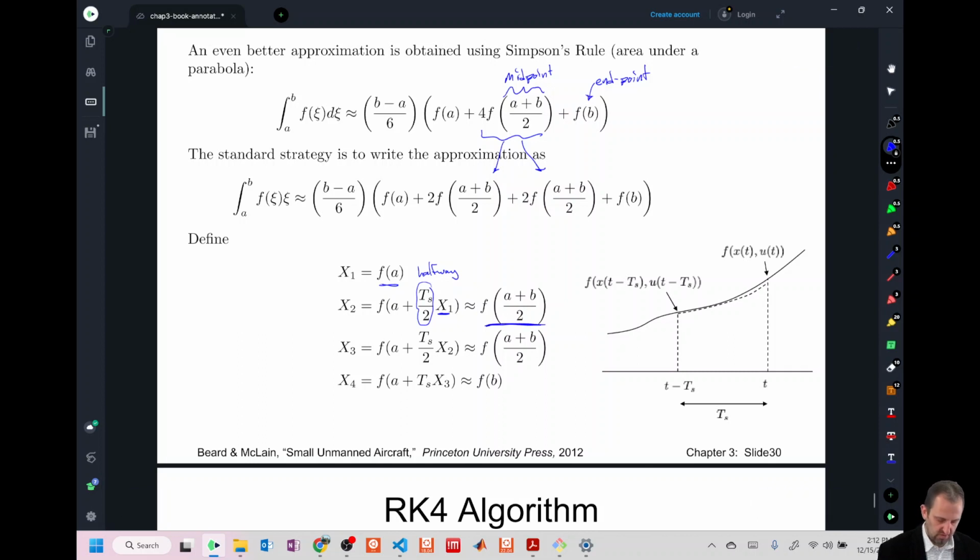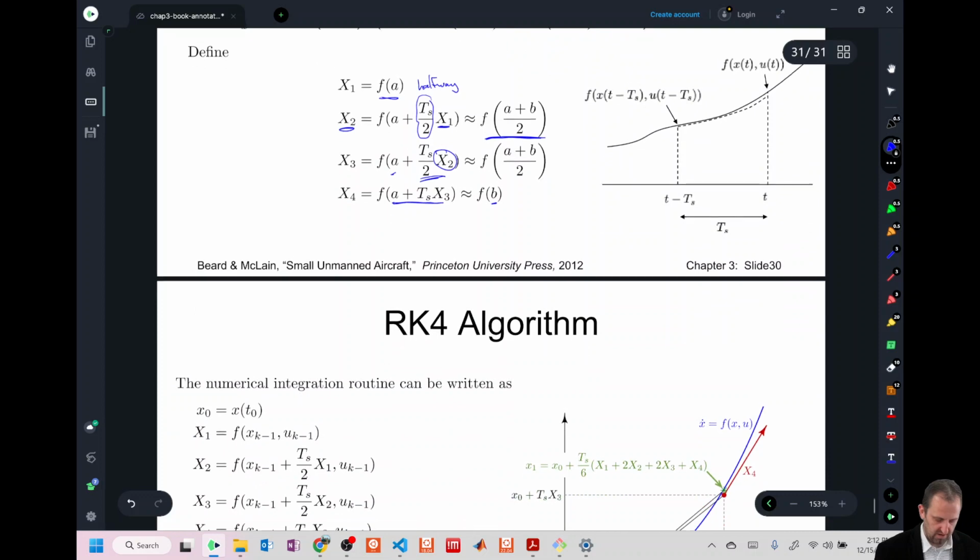And then we'll do f of a plus, and now we're going to go another halfway. We're using our approximation for our state from x2, this big x2, and then we go the full way to get our approximation for the final point. So we use these two approximations for our halfway, and then we use a third approximation for our full way of getting across.